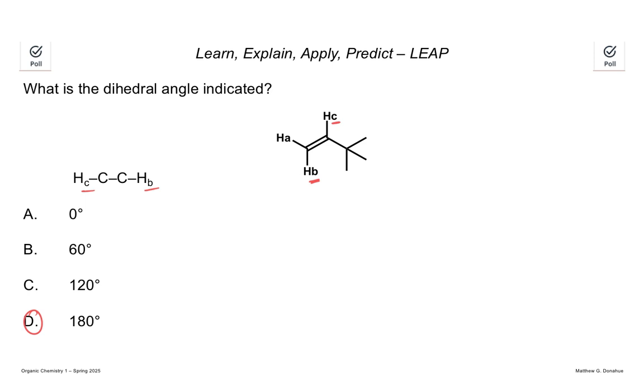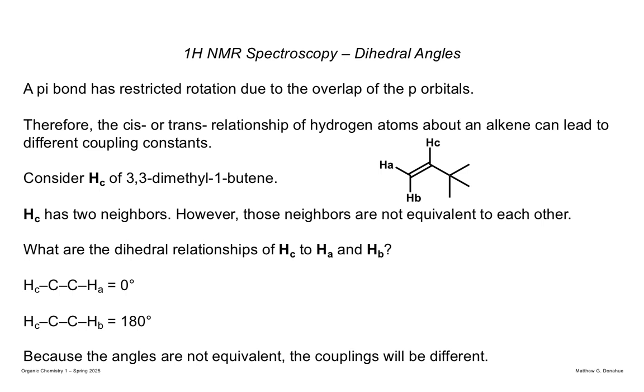Something with 180 is 15 hertz. So C to A, that was 0. Then C to B was 180.